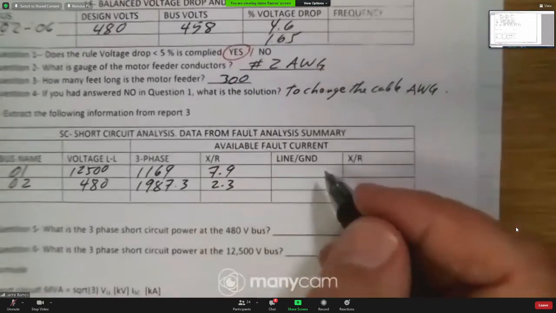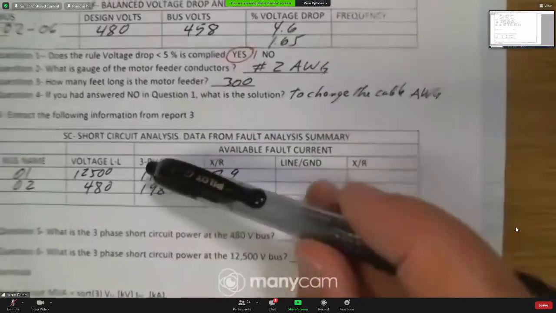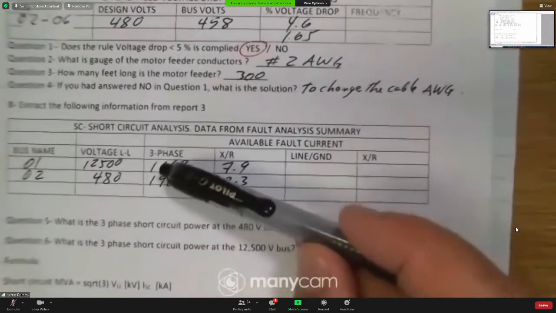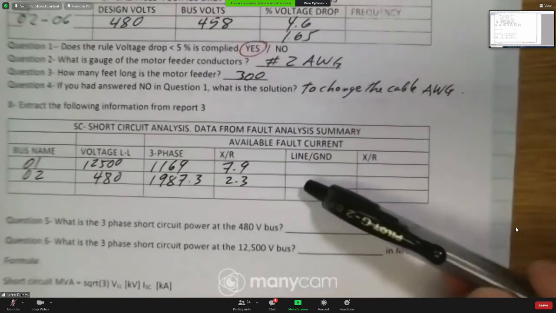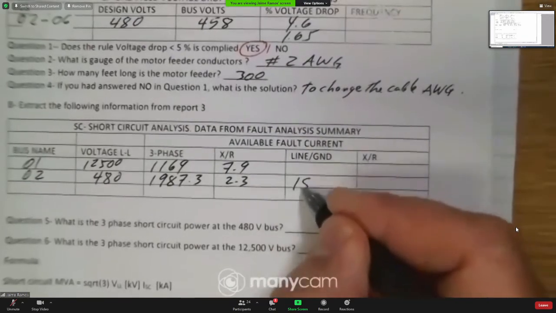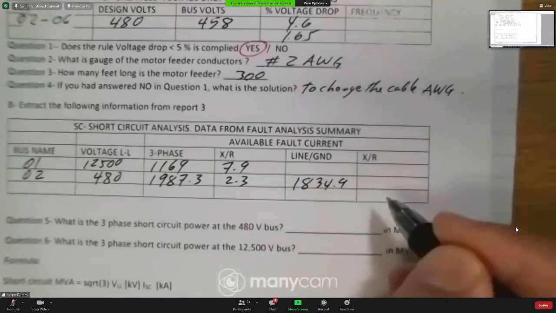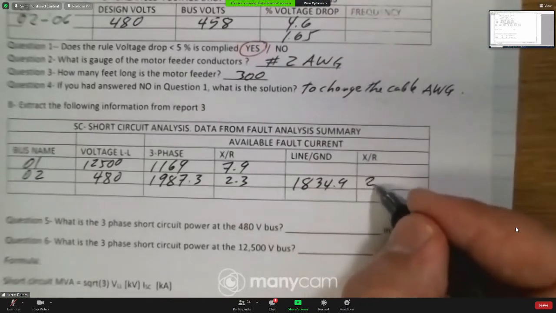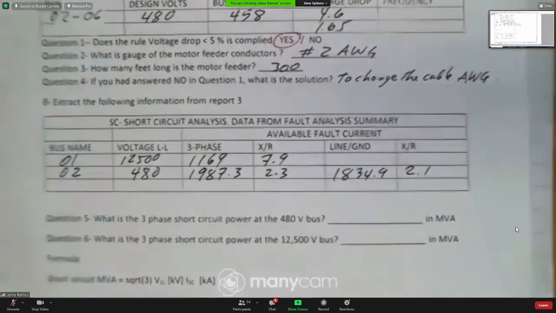Then line to ground. The first is the three-phase short circuit, and then the second one is line to ground: 8, 34.9, 2.1. Okay.